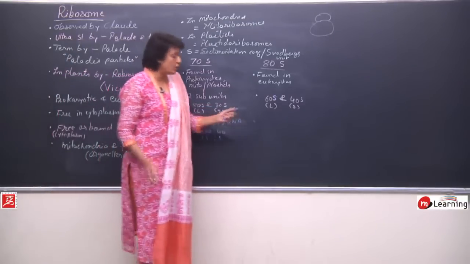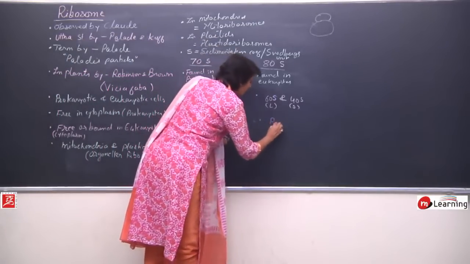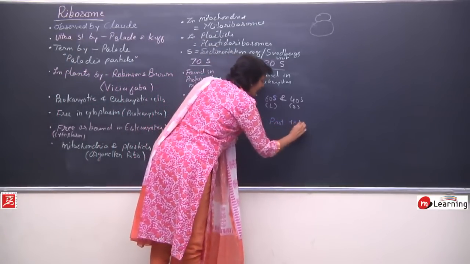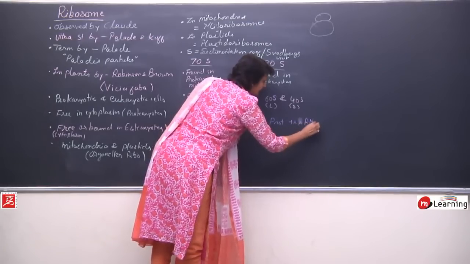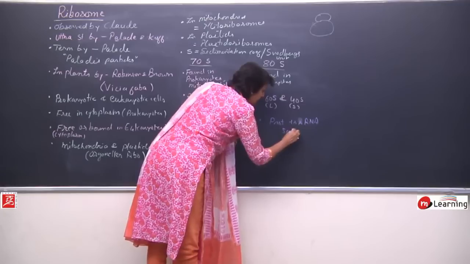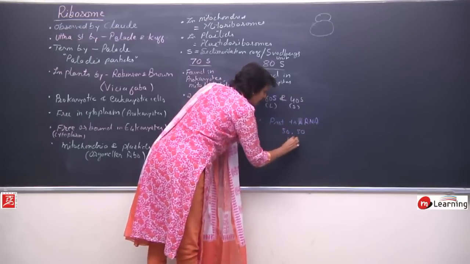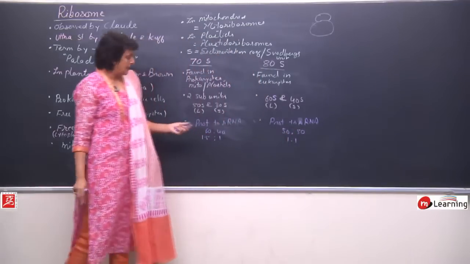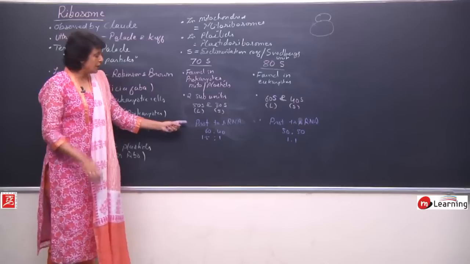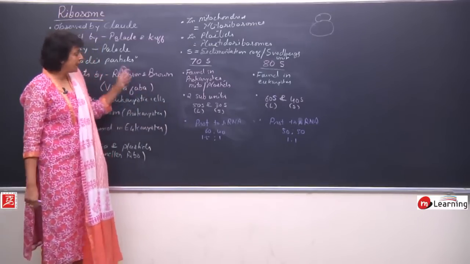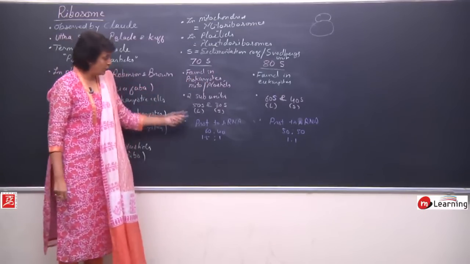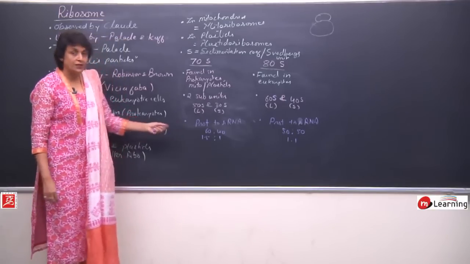Whereas in eukaryotes, the protein to rRNA ratio is 50-50, so it can be written as a 1:1 ratio. So the ratio is different, but structurally and functionally they are pretty much the same. These are the two types. We'll add a couple of points a little later.